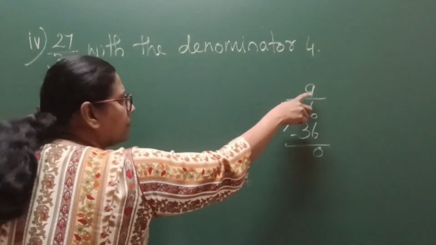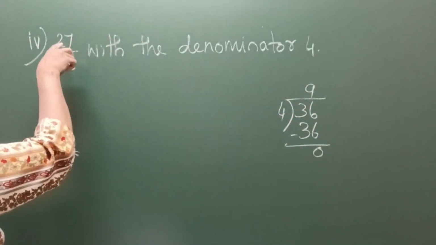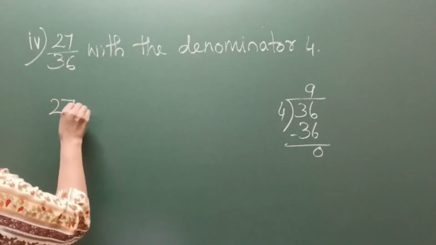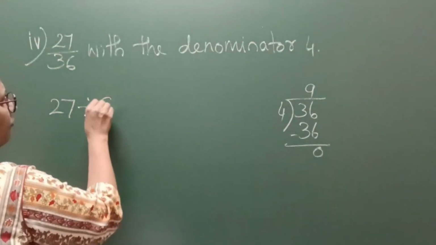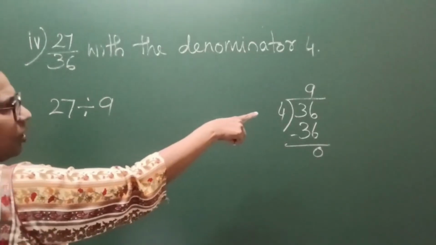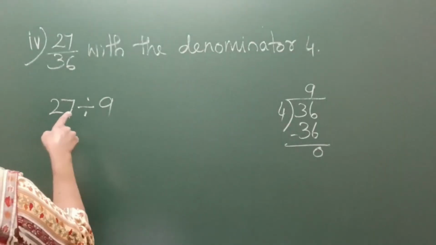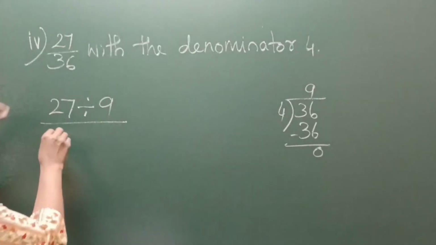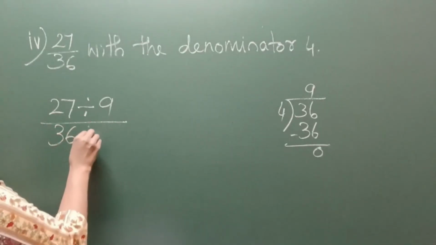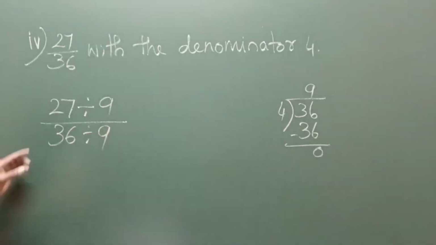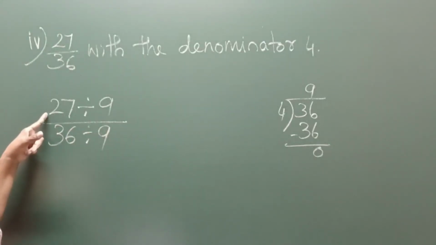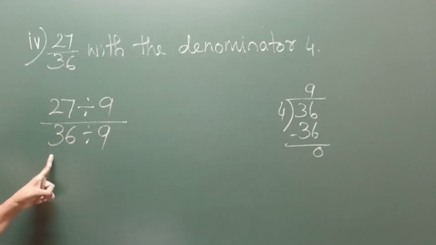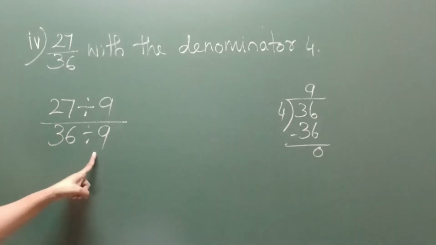With this factor, we divide the given fraction's numerator 27 by the factor we got: 27 divided by 9 upon 36 divided by 9. When we divide the numerator by any factor, with the same factor we have to divide the denominator also.